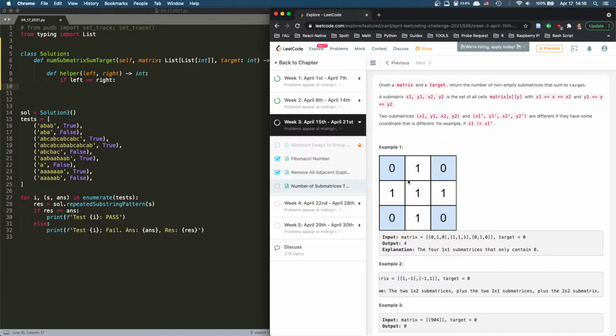So if I have the index of this one, what's my 2D prefix sum? Is it all of this, or just this, or just this? All three. Any submatrix involving me, which is this one, and this one, right?